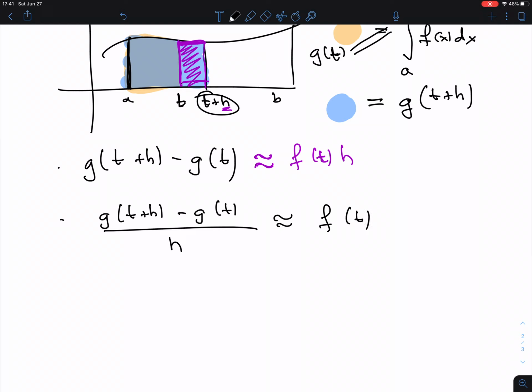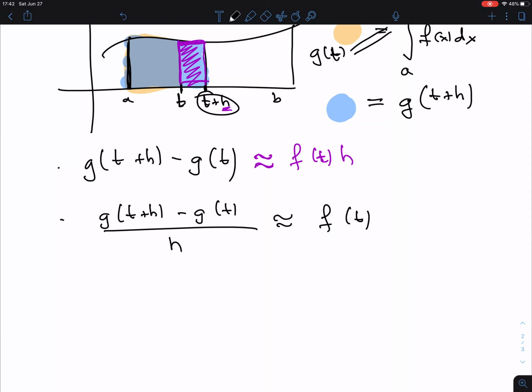Now, I don't like that. I don't like approximately. I want to get back to really equal, and we discussed this. If I make the strip smaller and smaller, in other words, if I make the difference between one moment and a little bit later, in the way that I'm pulling open my curtain, then the error will be smaller and smaller.